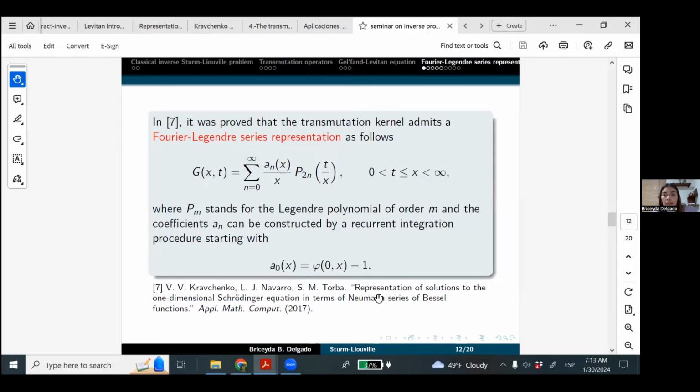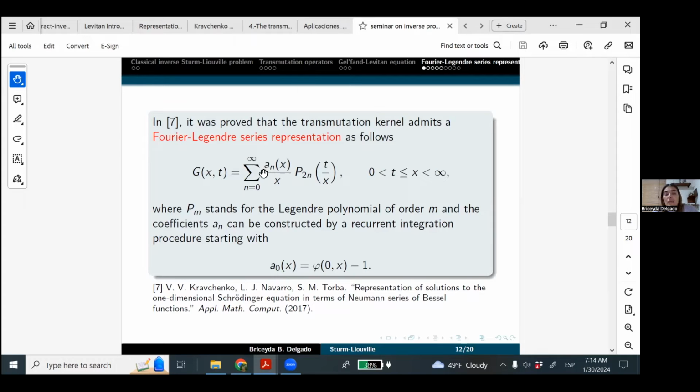In this paper, representation of solution to the one-dimensional Schrödinger equation in terms of Neumann series of Bessel functions, the authors Kravchenko, Navarro, and Torba prove that the transmutation kernel G admits a Fourier-Legendre series representation, and this is the expression for the series. Here, P sub n are the Legendre polynomials of order n, and the coefficients a_n can be constructed by a recurrent integration procedure.